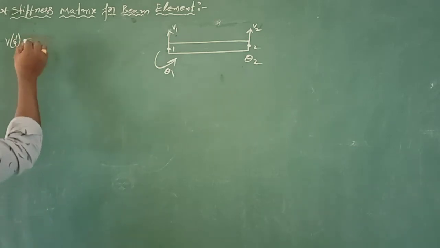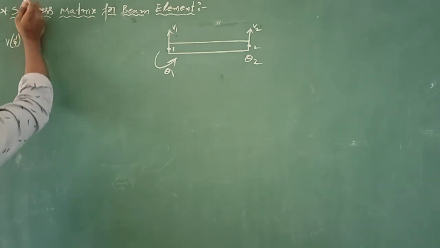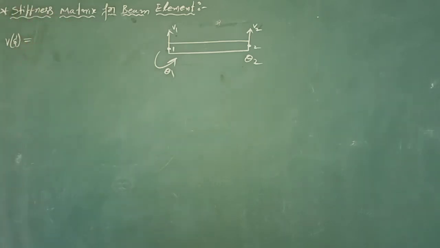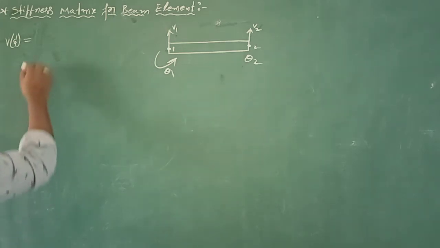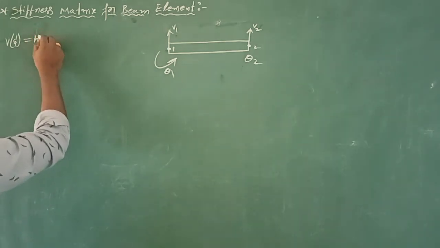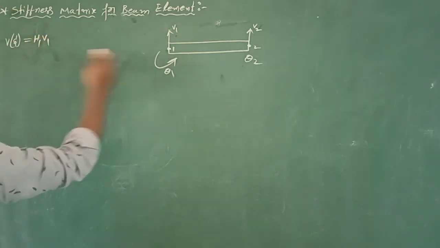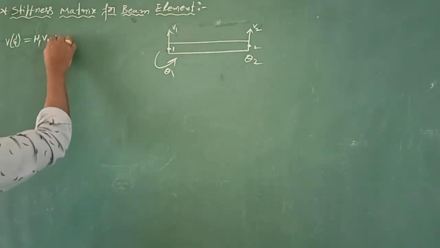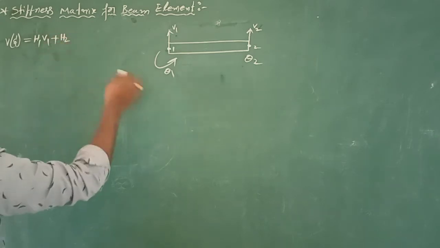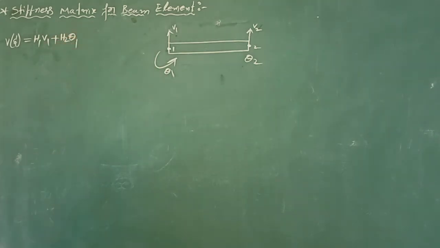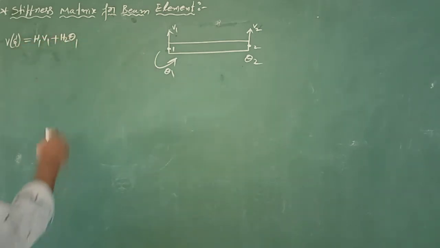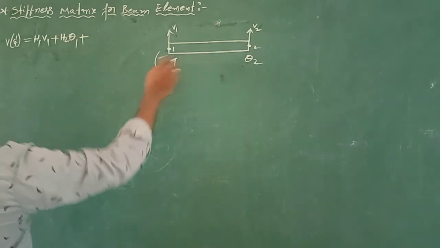V of j is equal to, in beams we call them Hermite shape functions, H1 into V1, the first deflection, plus H2 into theta 1. One is linear and another is slope: linear, slope, linear, slope. These are the four deflections in a beam element.